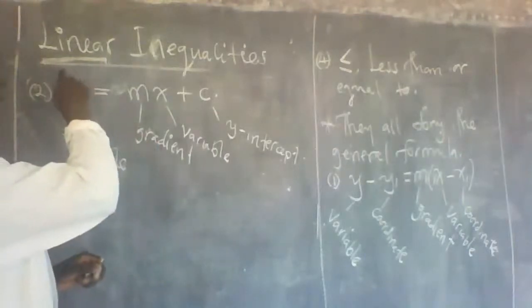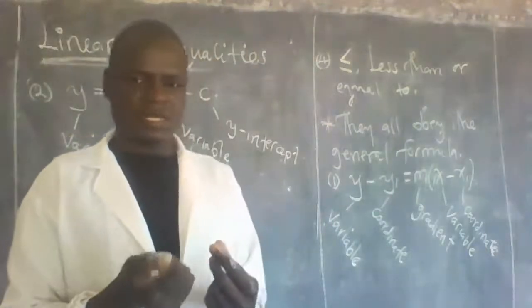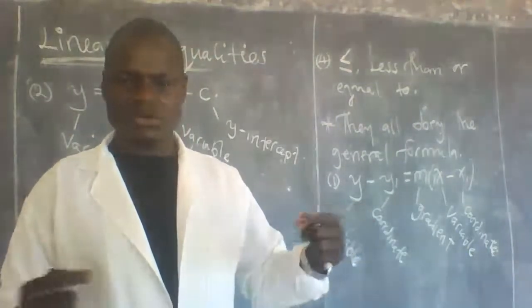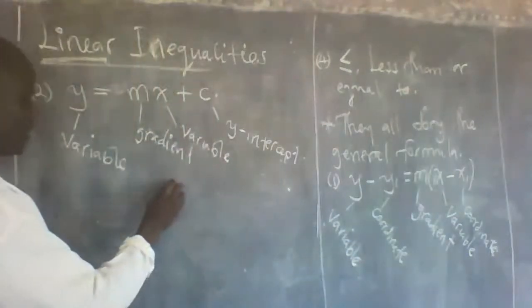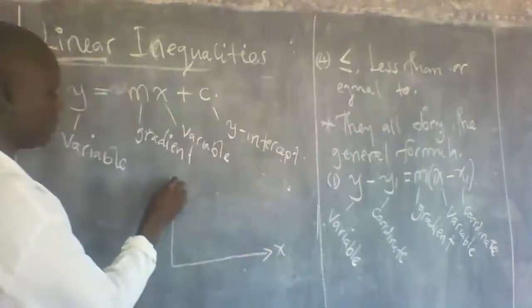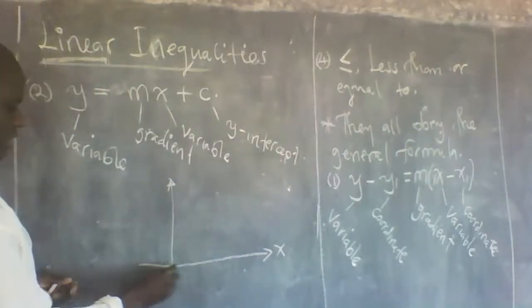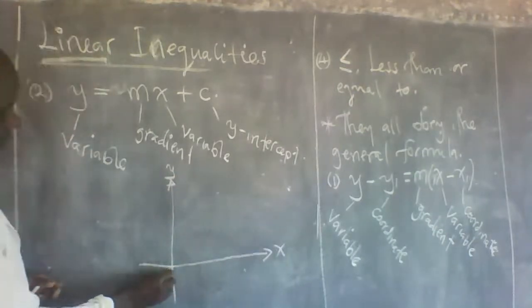Now, remember what I told you to say: a linear inequality is an inequality which, when plotted on an x or y plane, perhaps some of you do not know an x or y plane, we're talking about the Cartesian plane. The Cartesian plane has both the y-axis and the x-axis meeting at 0.